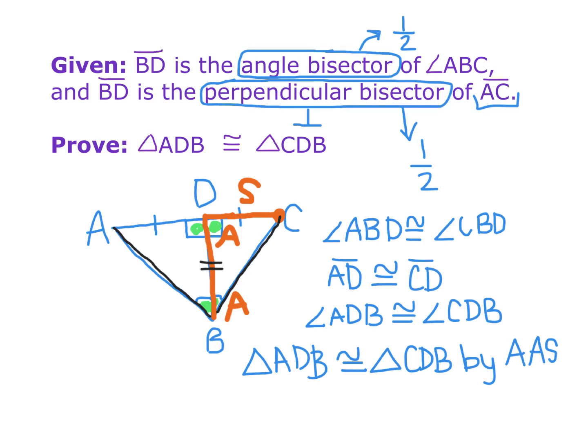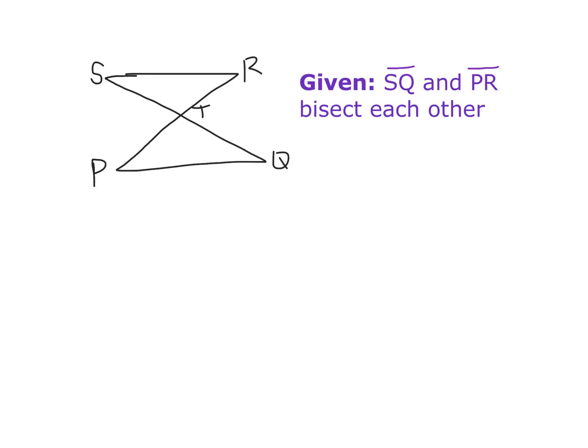Let me do one more example, and then we'll move on. And then I'll be done with this video. So in my picture here, it says, given that line segment SQ and line segment PR bisect each other. So again, this vocabulary word, bisect, is telling me that we're cutting these two line segments in half. They're cutting each other in half.